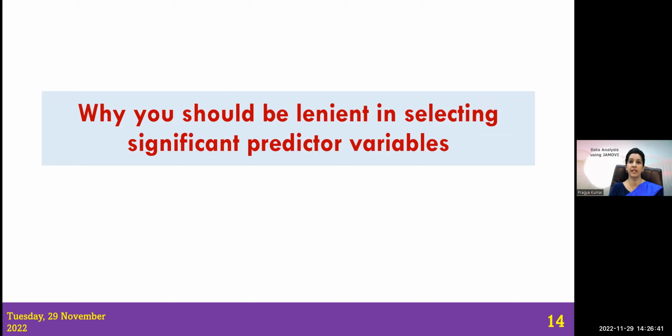We should be lenient because many times you will see something which is unadjusted. When you do this one-by-one analysis, the odds ratio which you get is the unadjusted odds. Remember, recall the day 2 session. Those odds ratios which you were calculating are the unadjusted odds.